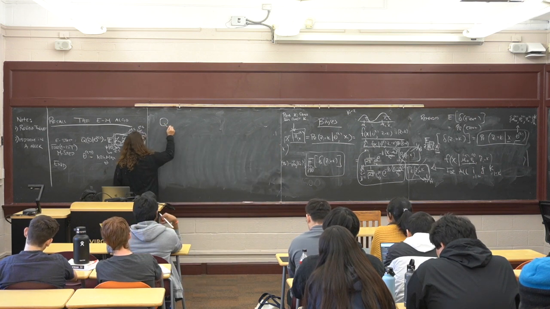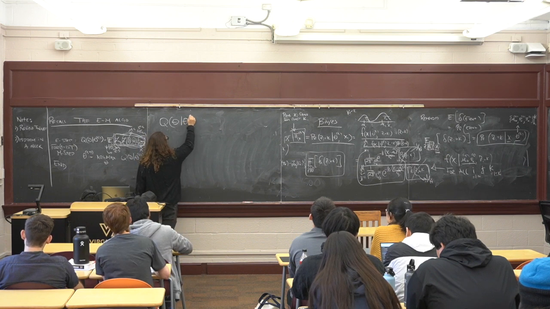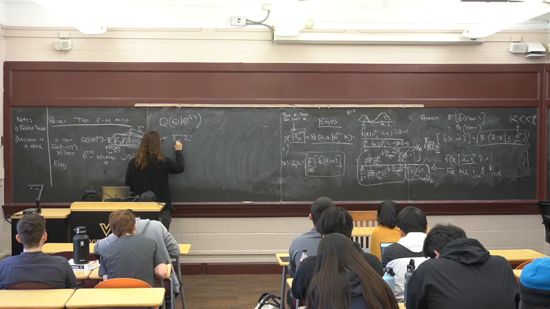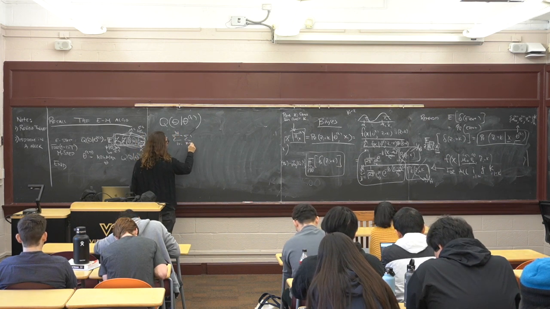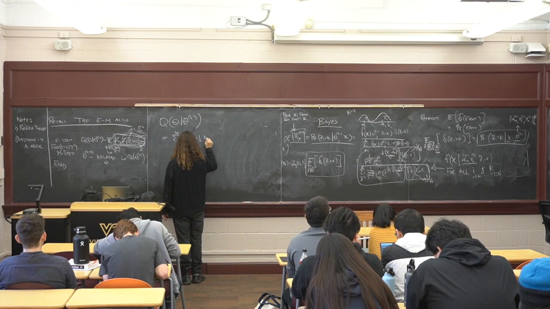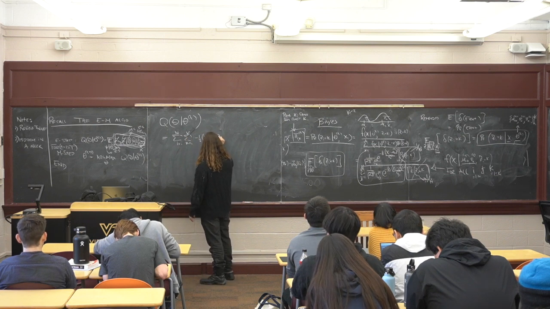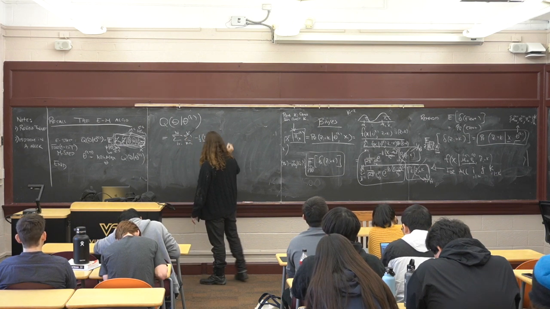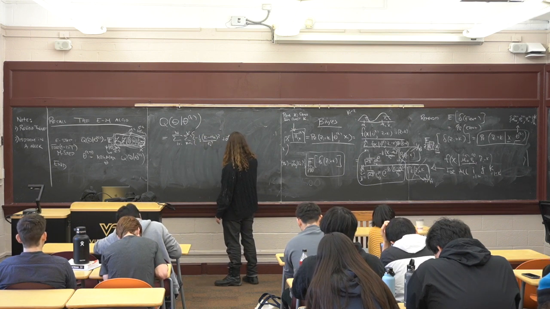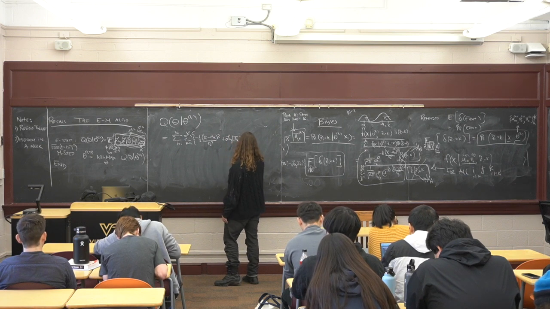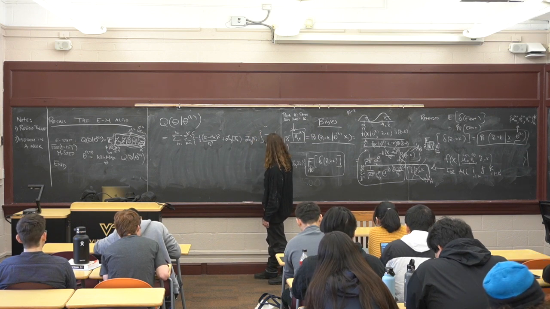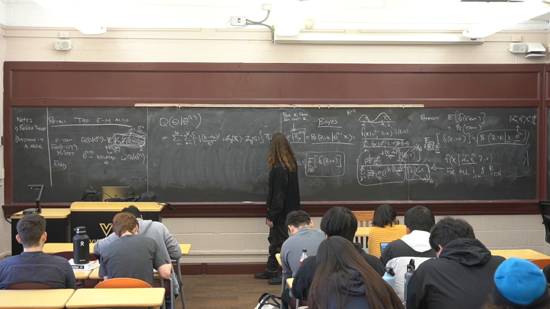Our Q function for this thing is going to be equal to a double sum, i goes from 1 to n, k goes from 1 to capital K, of minus 1/2 (x_i minus mu_k) squared over sigma_k squared, plus log pi_k, minus log sigma_k. And now I have some new notation for that expectation, pi i k.